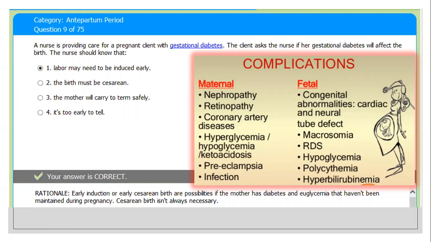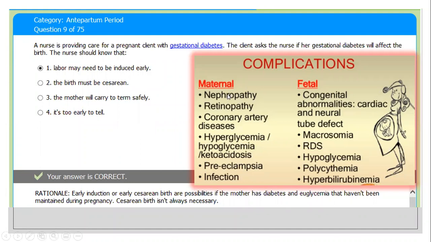So low blood sugar in the baby or risk of future diabetes in the baby as well as the mother. And high blood sugar or a preeclamptic mother also has a chance to develop this type of complications.